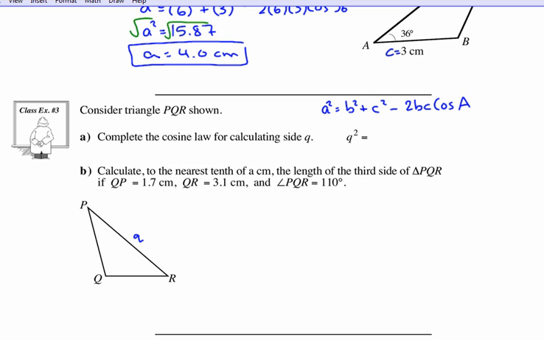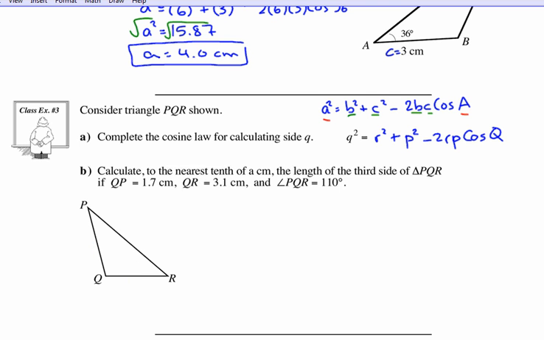So if we're looking for q squared, it would be little r, little p, the other two sides squared: p squared plus r squared minus 2, notice how these were multiplied together, 2 times r times p, and cos of the angle we're looking for. So we're looking for a little side q, so it'll be cos q.